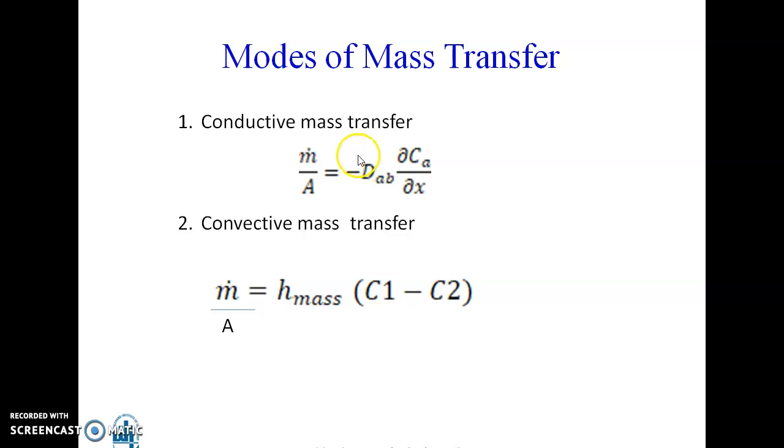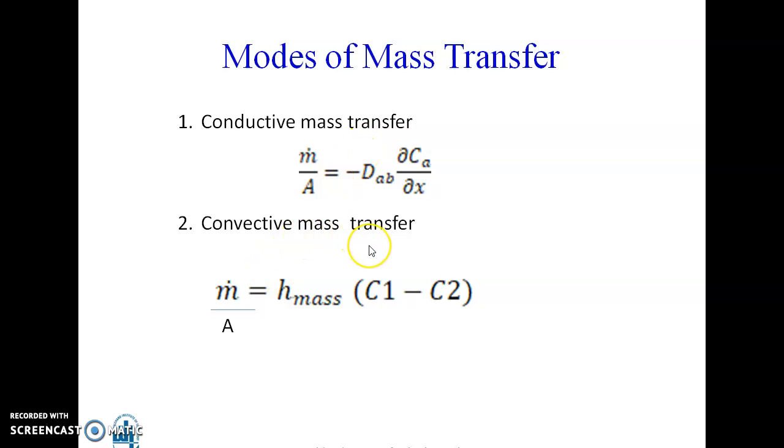There was also a minus sign, as we already discussed. In Fourier's law, K was the proportionality constant; here D is the proportionality constant. For conduction, the temperature difference was needed; here it requires the concentration difference.